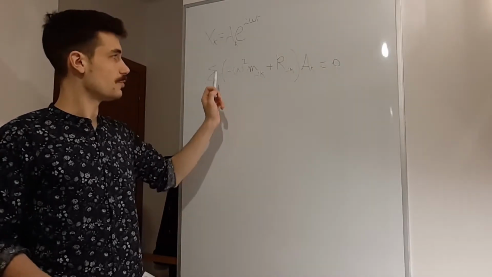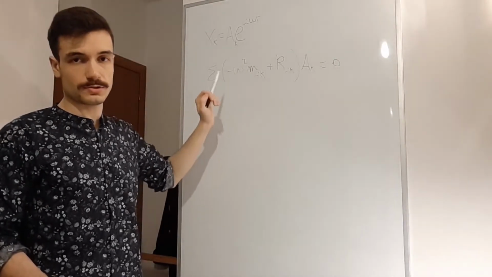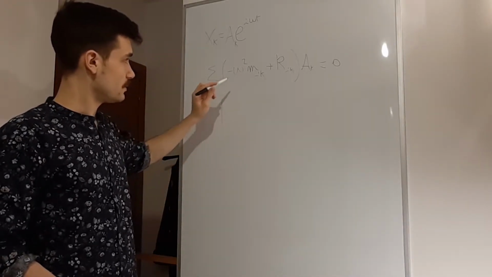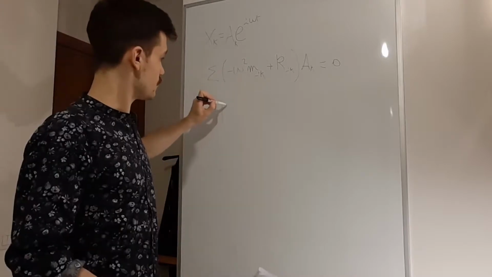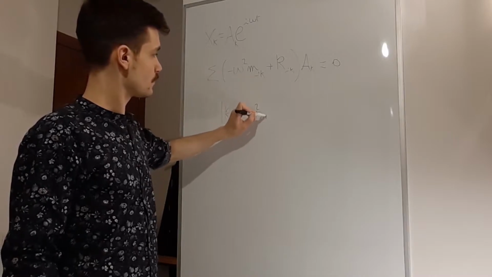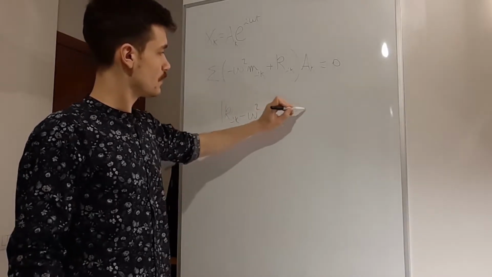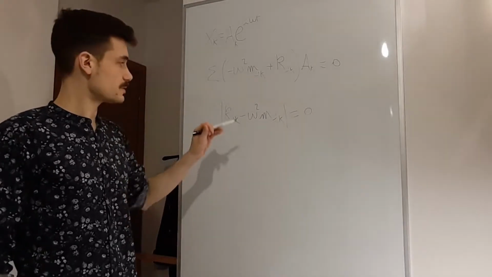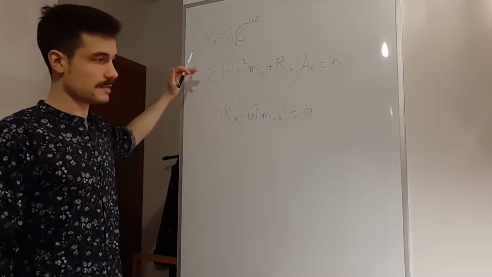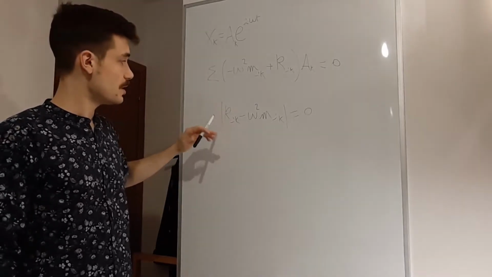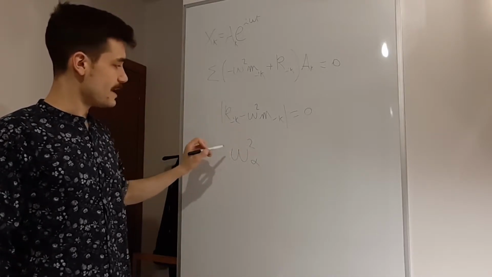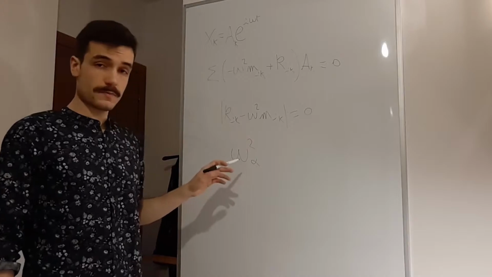So at this point, in order to have some non-trivial results to this system of equations, we have to impose the determinant to be 0. So this system of equations that requests our other system of equations to have non-trivial solutions will give us s omega squared results.